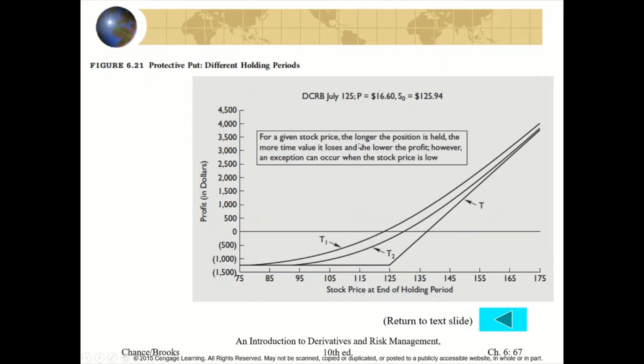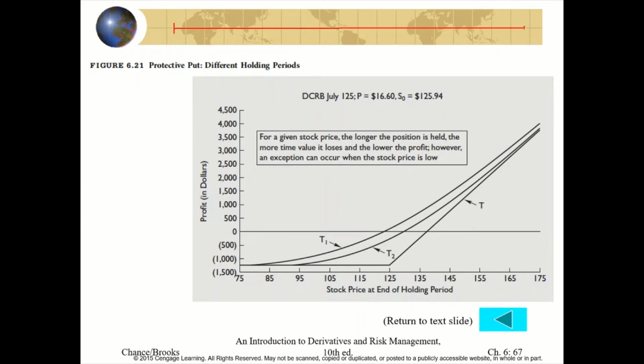If we want to examine the effect of the protective put and the time to expiration, or keeping the protective put for different holding periods, again, we need to examine how the protective put will behave under different holding periods.